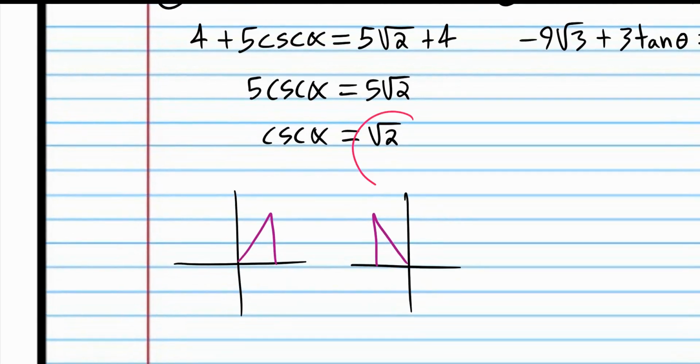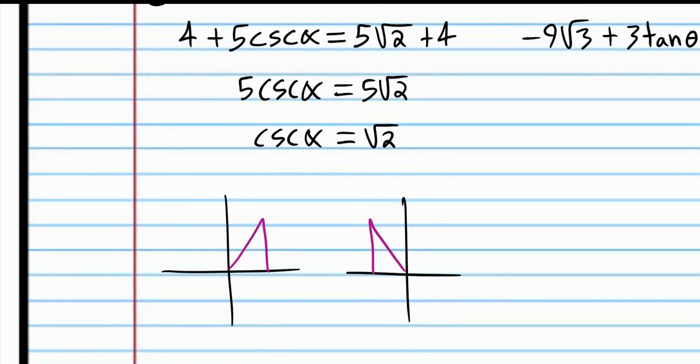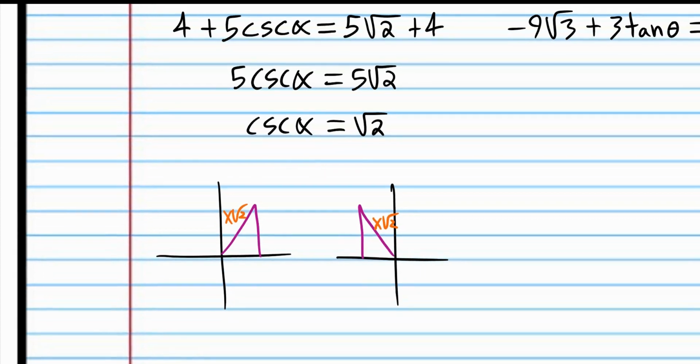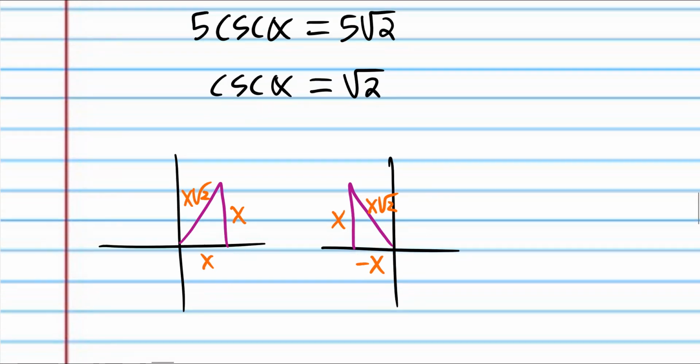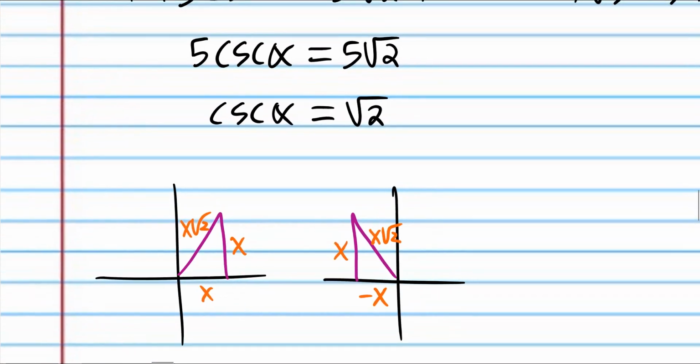Now, the hypotenuse is x root 2, and the side opposite is x, as we explained. And the adjacent side must be x. Over here it's negative x. And this is a 45, 45, 90 triangle, so the reference angles are both 45 degrees.